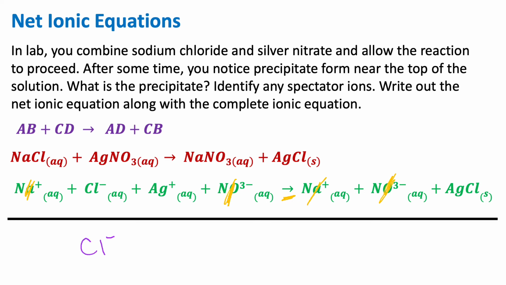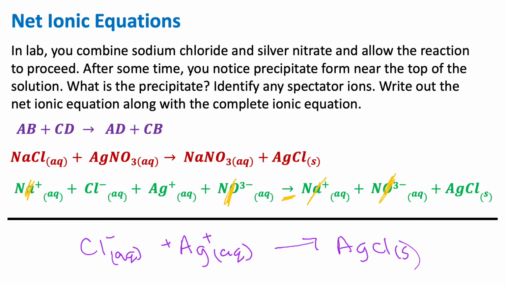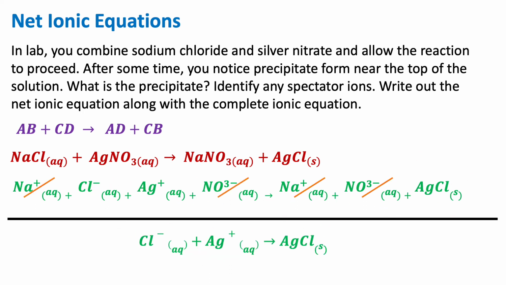We're left with chloride, aqueous, and silver, positive, aqueous, which react to produce silver chloride, which is a solid. So what did we do? We canceled out things that were similar on opposite sides of the arrow. That's really important. And then we brought down whatever was left over and didn't get canceled. So here we can see this written out more clearly.